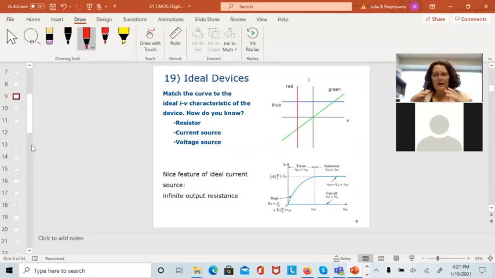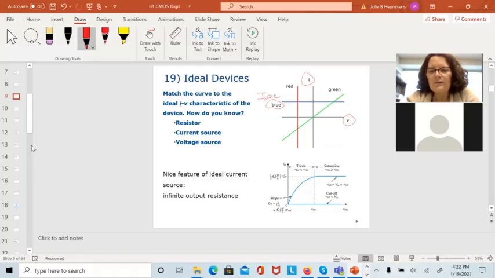Now we think about ideal sources. This is a curve, and I'm plotting the current versus voltage. Now, if I have a constant current, I've got something that looks like the blue line because it's constant on the I-axis. So this blue line is an I source, a current source.